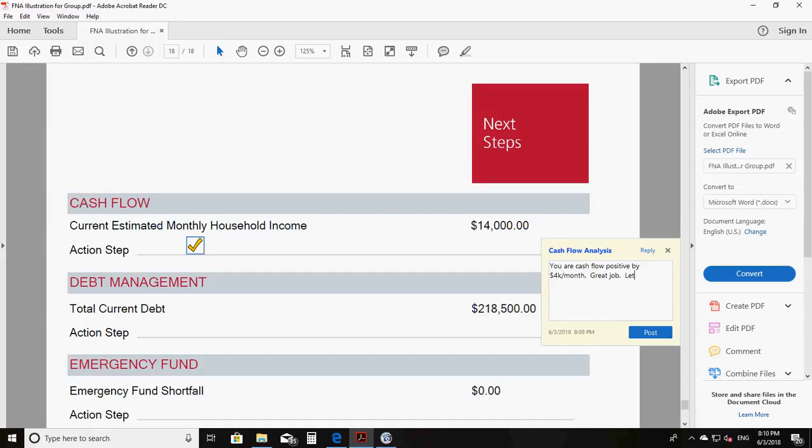We're cash flow positive, so let's work on putting that cash flow to work for asset accumulation purposes. And when you do that and you hit post, now it's forever there.